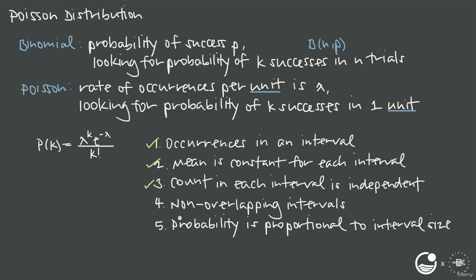So we'll start maybe at the 8 o'clock hour in the morning, then we'll look at the 9 o'clock hour, the 10 o'clock hour, 11 o'clock hour. We're not going to overlap our intervals, so we'll hold to that. And we'll say that probability is proportional to interval size, because if we're getting about 4 support tickets per hour, we can expect 8 support tickets every 2 hours, 12 support tickets every 3 hours, roughly. So we'll say that we meet this condition as well. So that's kind of the idea there.